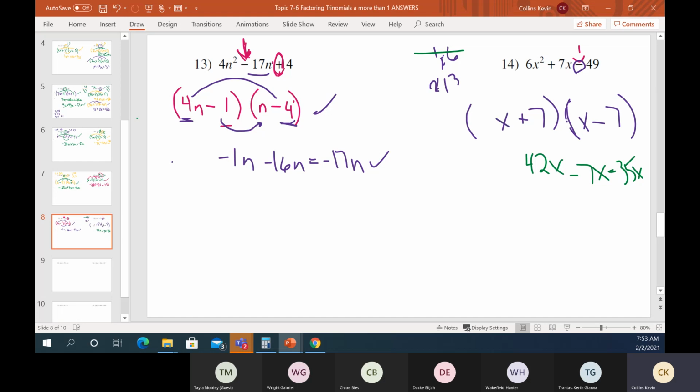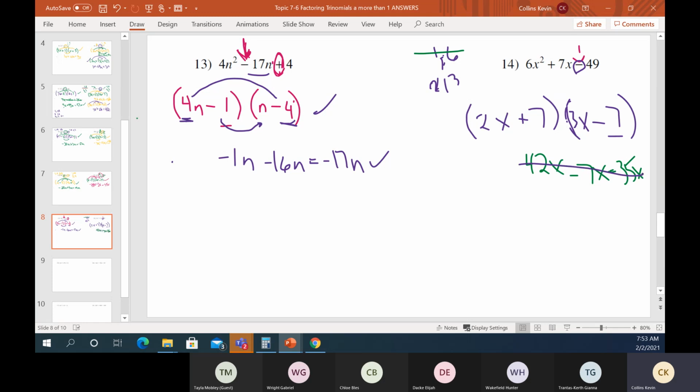So the question is, who goes where? We need a plus 7. So I'm thinking the smaller number is going to go with the negative, right? So the one that's going to go with the negative would be here. So let's put the 2 here. Let's try to squeeze the 3 in here. Okay?